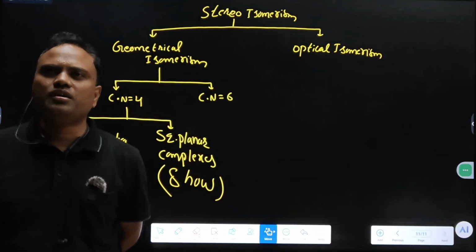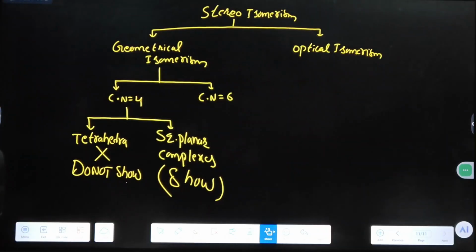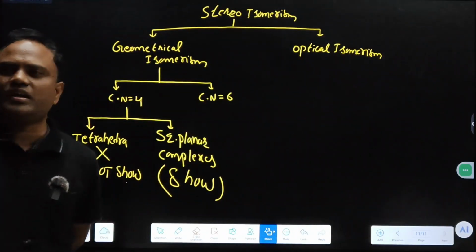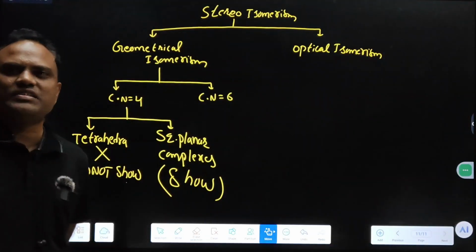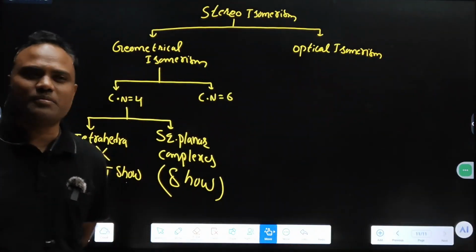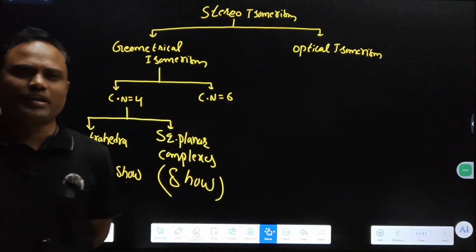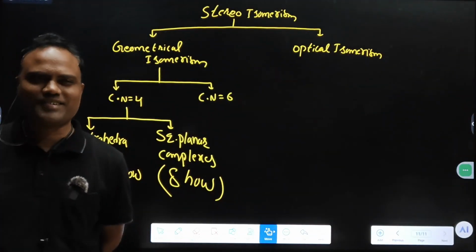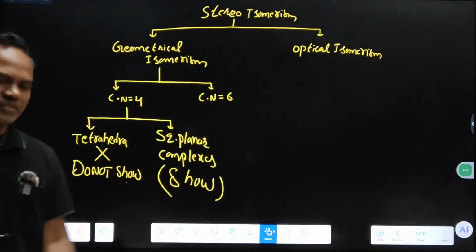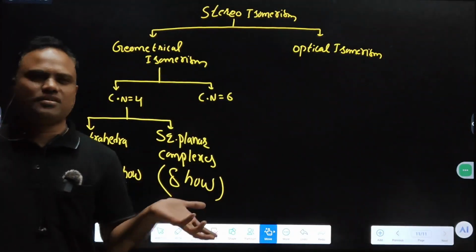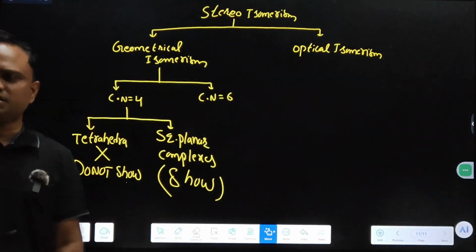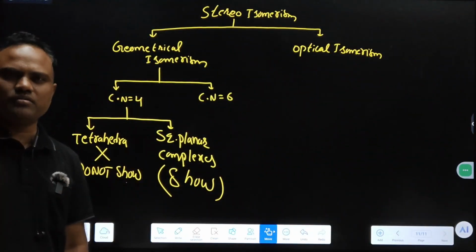Online students, especially incoming second years, how can we know whether the given complex is tetrahedral or square planar? First they started isomerism, right? Then how can we find which is tetrahedral and which is square planar? How to find hybridization, based on yesterday's class. But in your syllabus the order is zigzag. Based on the idea of tetrahedral and square planar, you can select which will show geometrical isomerism.